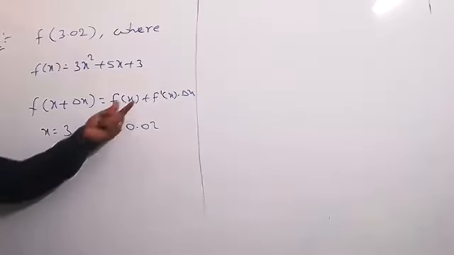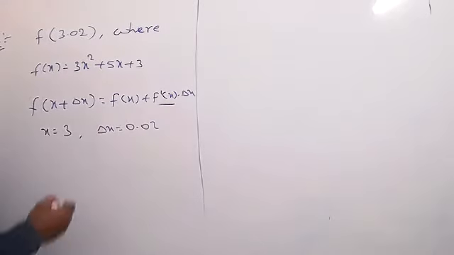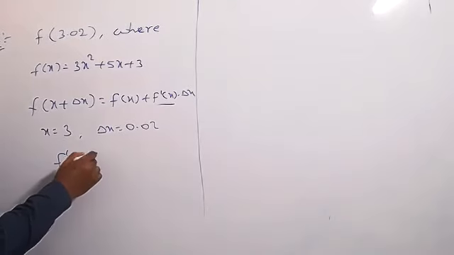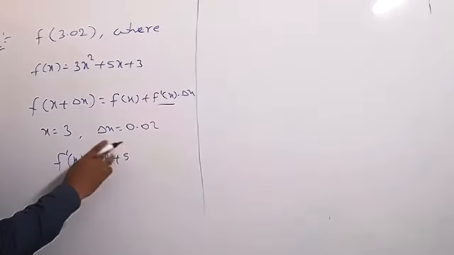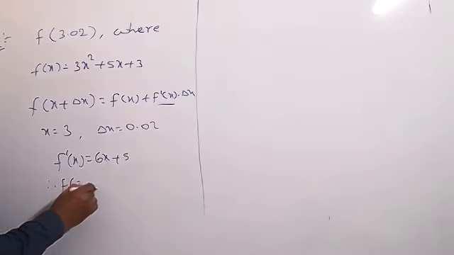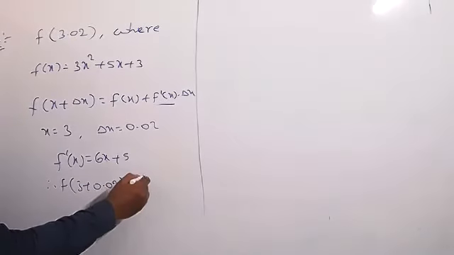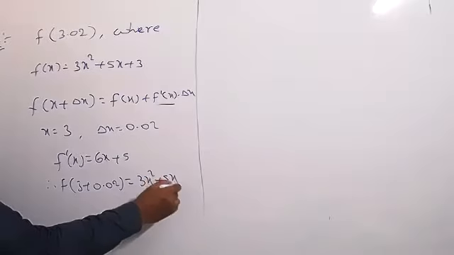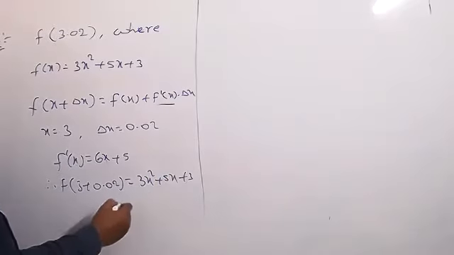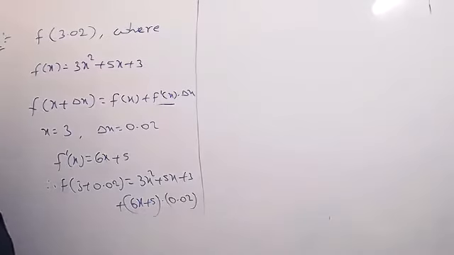For this formula, we also require f dash of x. So immediately you can find f dash of x equal to 6x plus 5. Now all the values you can substitute. So f of 3 plus 0.02 is equal to 3x square plus 5x plus 3 plus f dash of x, 6x plus 5, into 0.02, which is delta x.